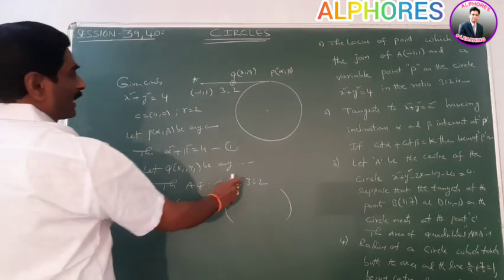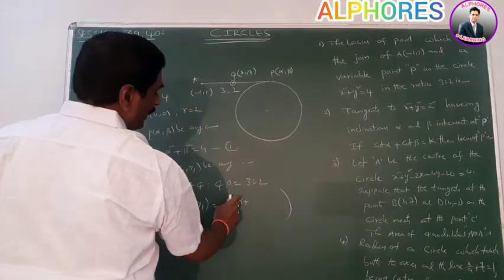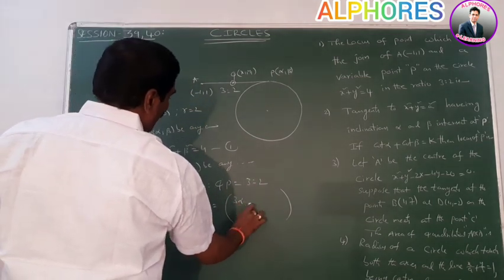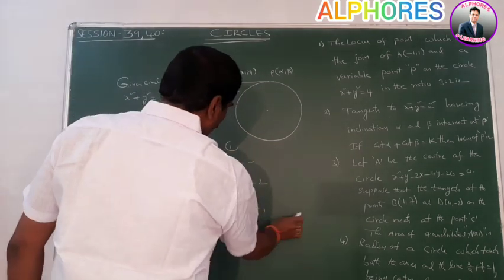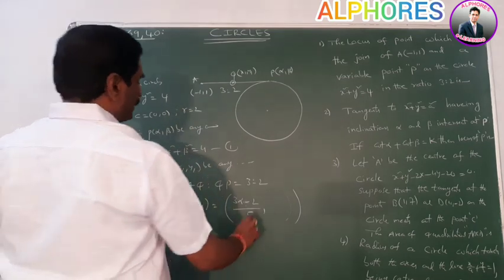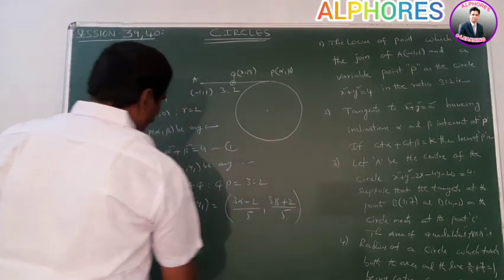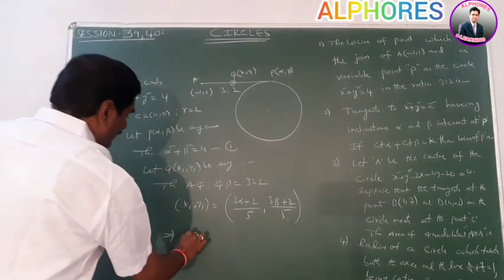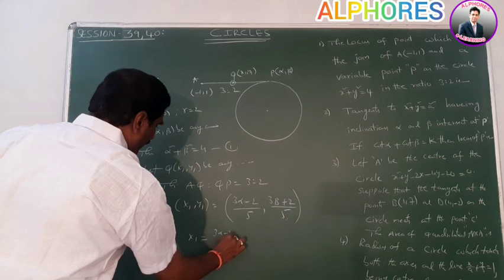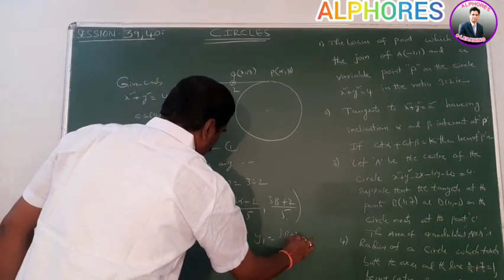By using the section formula, the x-coordinate is (3 alpha + 2 into -1)/(3 + 2), that is (3 alpha - 2)/5, comma, next the y-coordinate is (3 beta + 2 into 1)/5. By equating x and y coordinates, we get x1 = (3 alpha - 2)/5, y1 = (3 beta + 2)/5.